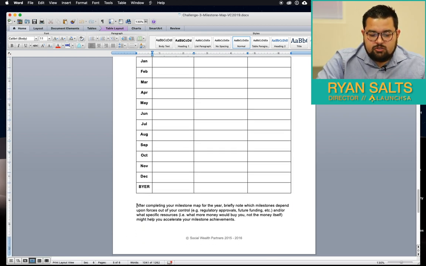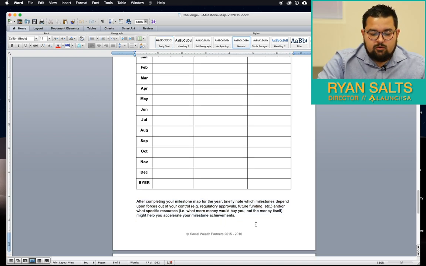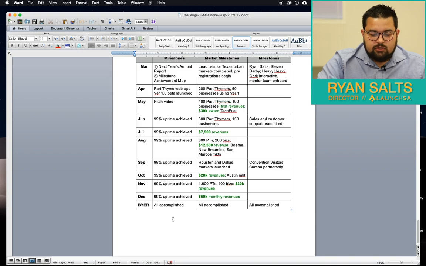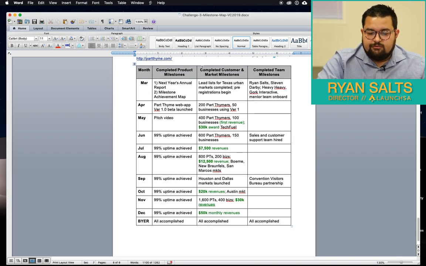One thing I'm going to note, just at the bottom of the one that you submit, you do have the ability to leave in notes as they relate to things that are outside your control. The only reason I bring this up now is because once you get to the example here, that information's not there. So just keep in mind that once you finalize your document, you'll be able to leave some notes as they relate to things that you feel are not clarified, or things that you are having trouble explaining, or just other notes that you feel are contingent upon other successes you're planning throughout your year.